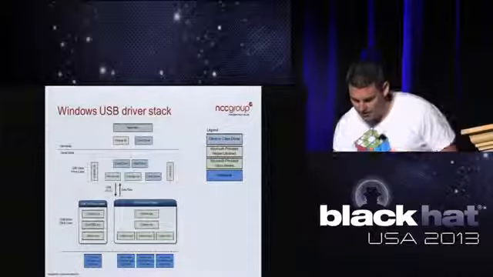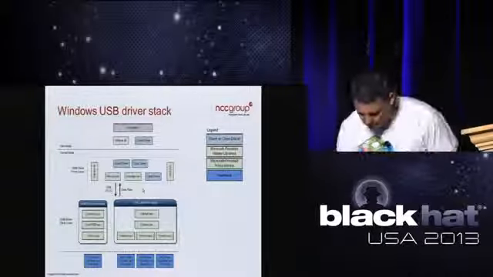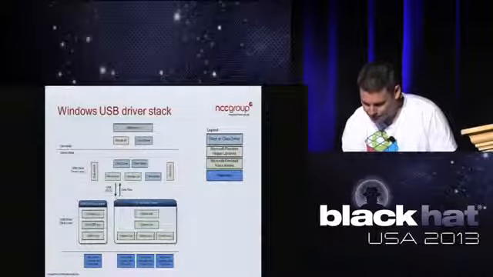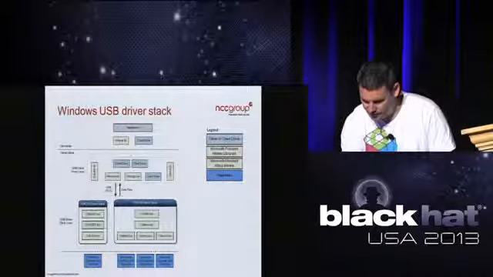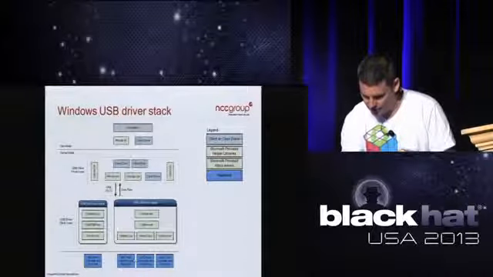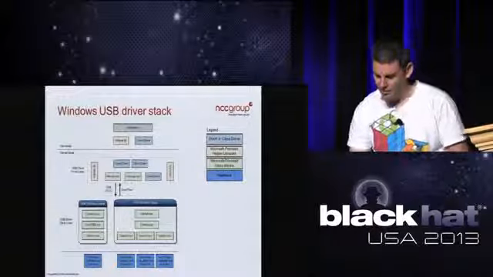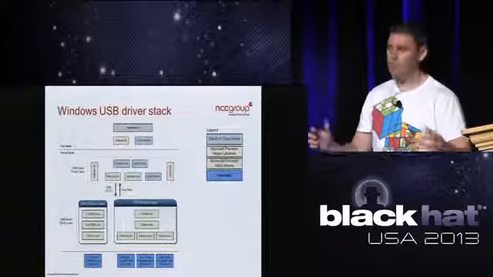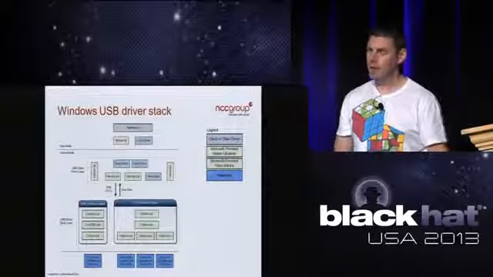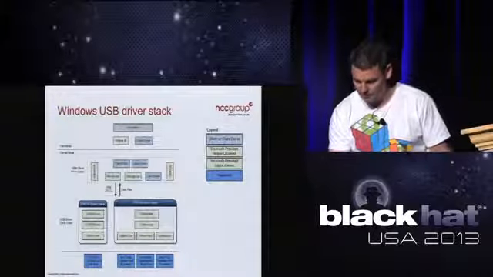So, a few high-level diagrams of USB driver stacks, just so that I can talk about a few different components. You can see there are a number of different host controllers here, things like OHCI, HCI being host controller interface. There are a lot of different components to provide compatibility with older versions and slower implementations of USB.